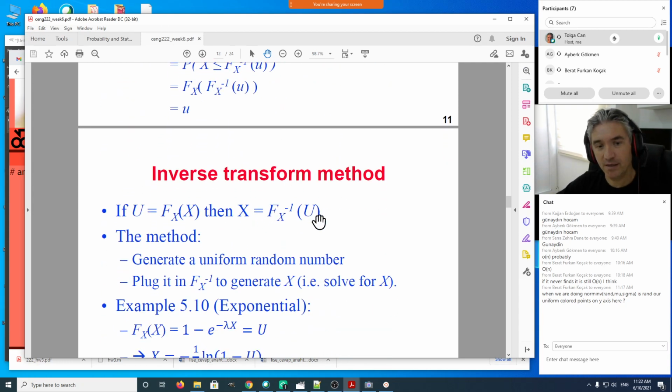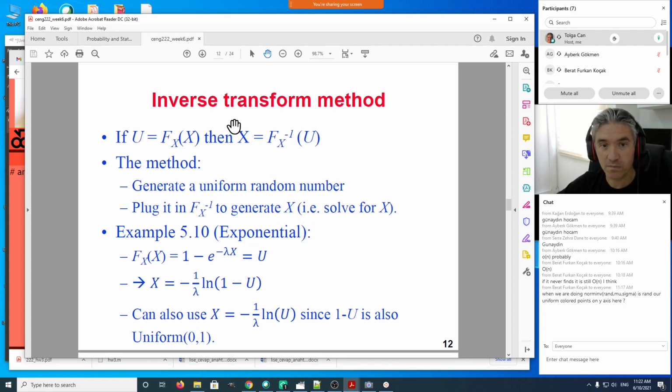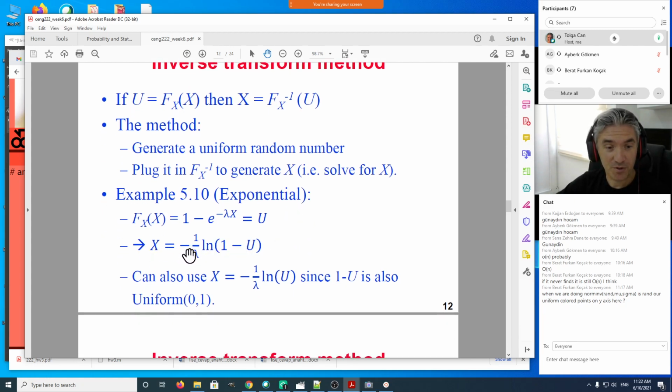We take the inverse function of the CDF, we generate a uniform random number and give it as an input to this inverse transform, plug it in, and it gives us a random number from that distribution. This is that exponential. And in the exponential distribution, there's another thing. For example, in the inverse CDF formula, we get 1 minus u as a parameter.